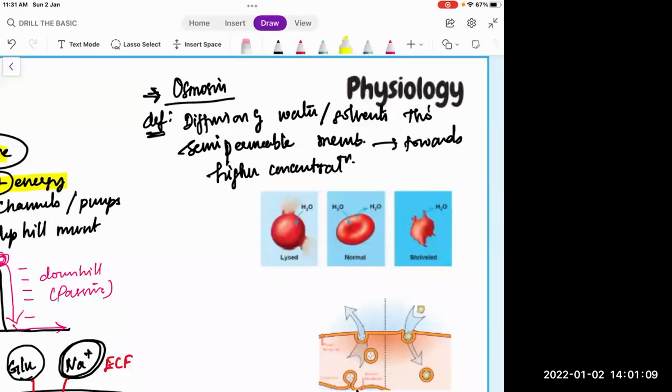That is osmosis. Either diffusion of water or solvents through the semi-permeable membrane towards the higher concentration is called osmosis. This movement also does not require any energy. So that is called osmosis.